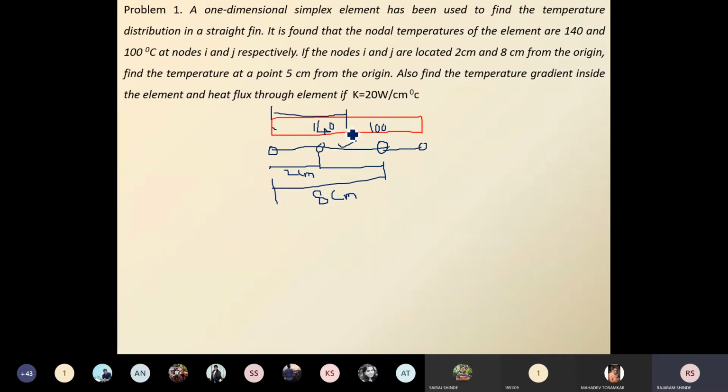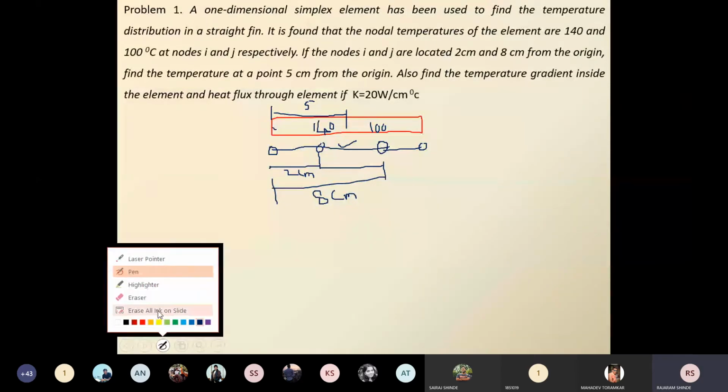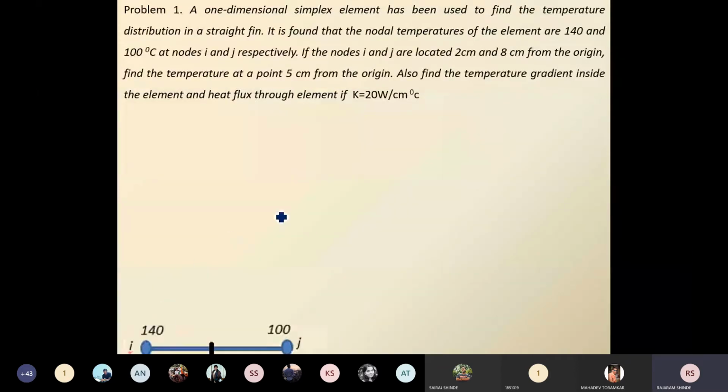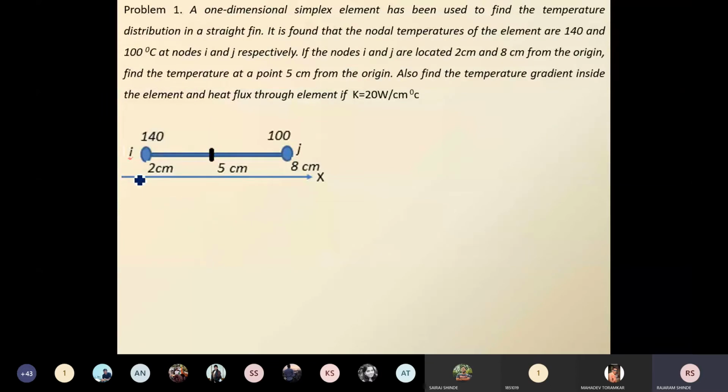The 5 centimeter point is in the element. You have to calculate that temperature. Now how to do this, I will show you. I will take only that element which is given in the problem. This element has node i at 2 centimeter from the origin, so the x coordinate is xi equal to 2.